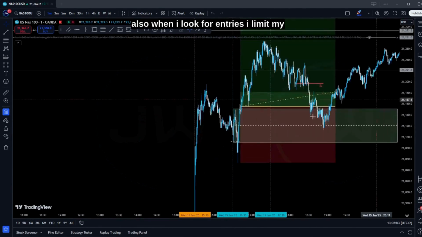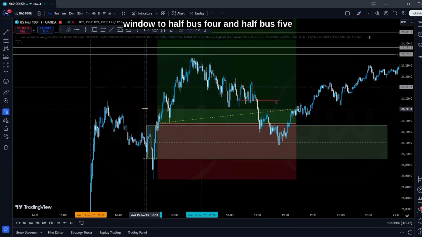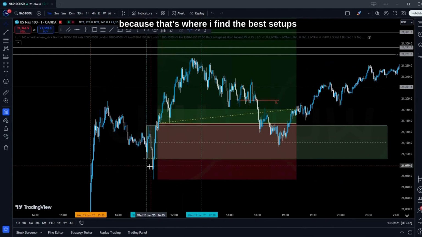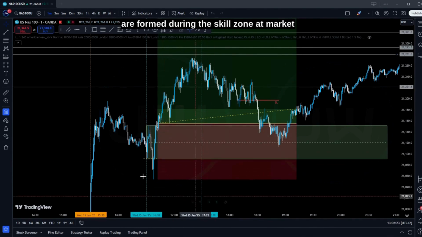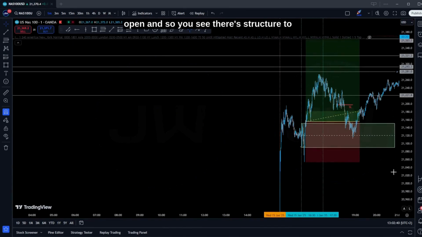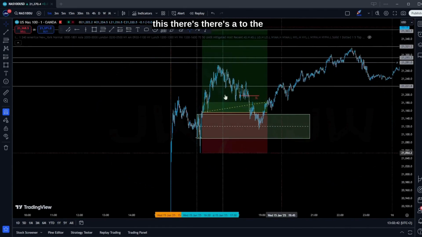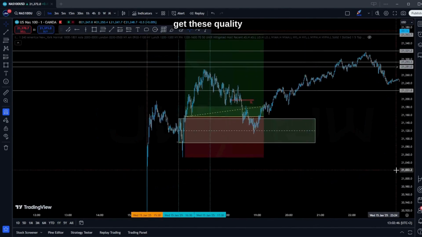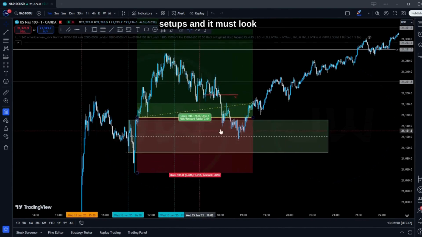And also when I look for entries, I limit my window to 4:30 and 5:30 because that's where I find the best setups are formed during this kill zone at market open. And so you see there's structure to this. There's pieces to the puzzle that need to fit together in order to get these quality setups.